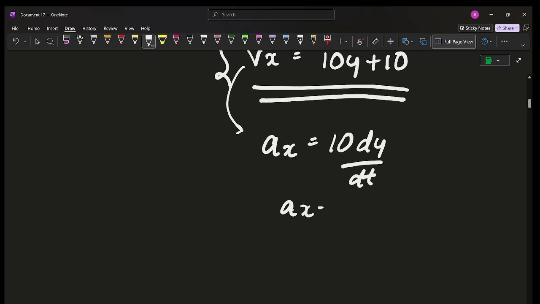So acceleration is going to be 50. Okay, that was now very easy.